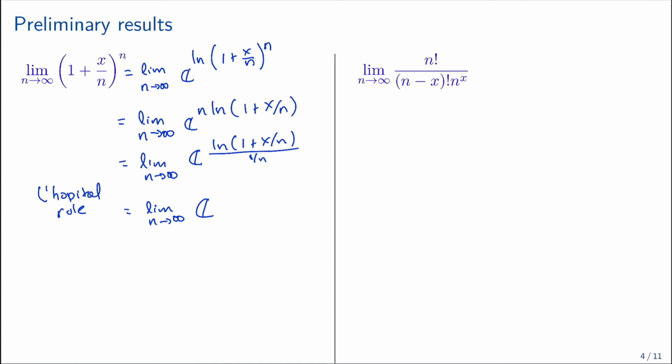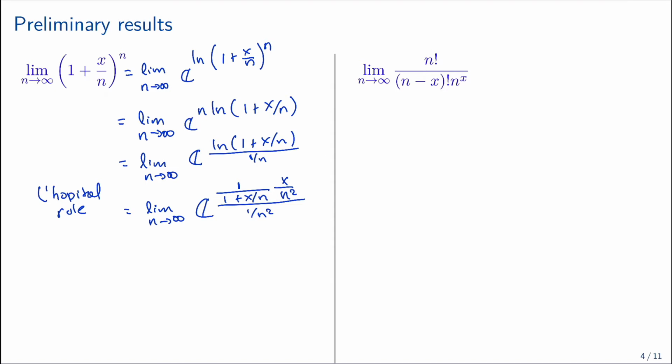So the derivative of natural log is 1 over the argument, 1 plus x over n, and the internal derivative is the derivative of a constant, and the derivative of x over n. We are differentiating with respect to n. So in this case it is minus x divided by n squared, and divided by the derivative of the denominator, which is again minus 1 over n squared.